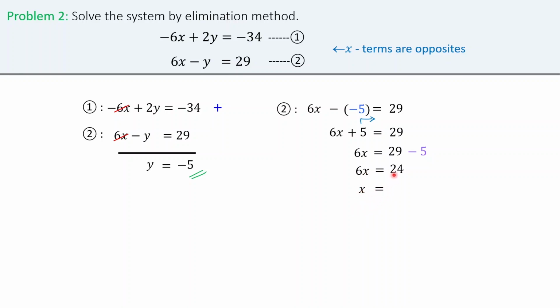You get x is equal to 24 divided by 6 is 4. So you got both x and y. Now the solution is, first write the x, comma, the y. Put parenthesis. This is the solution to the system.